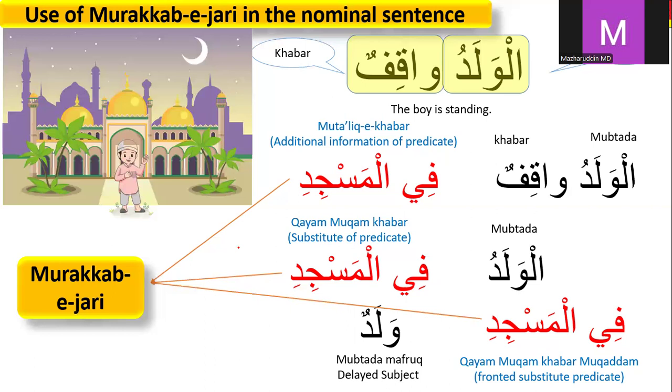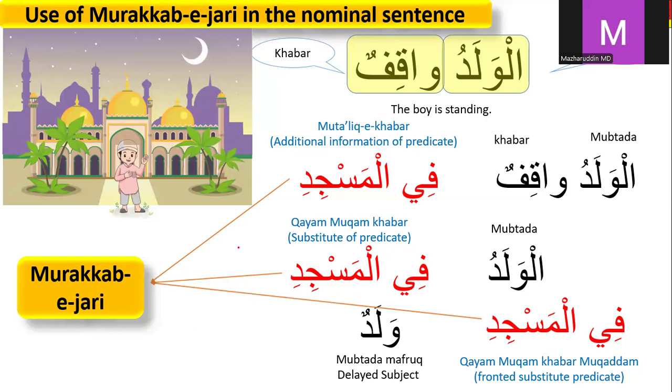Lillah is murakkabe jari. That will be qaim muqam khabar muqaddam, right? Very good, excellent. Because this sentence starts with murakkab jari, that we call qaim muqam khabar muqaddam. Okay, very good. So I hope it is clear.